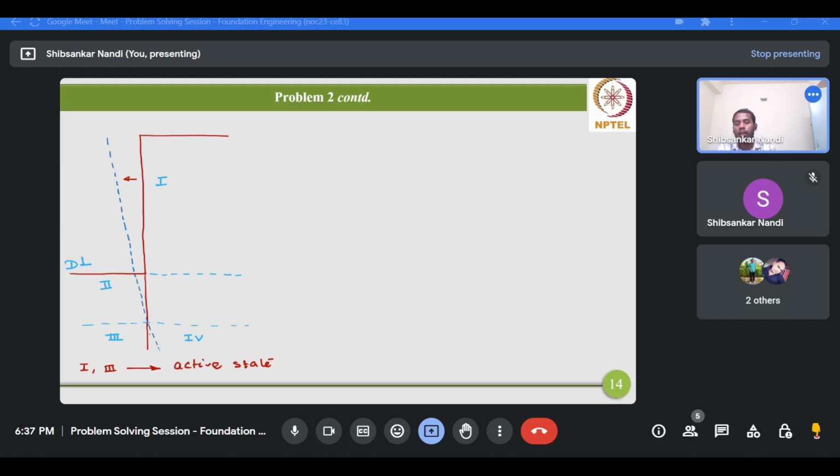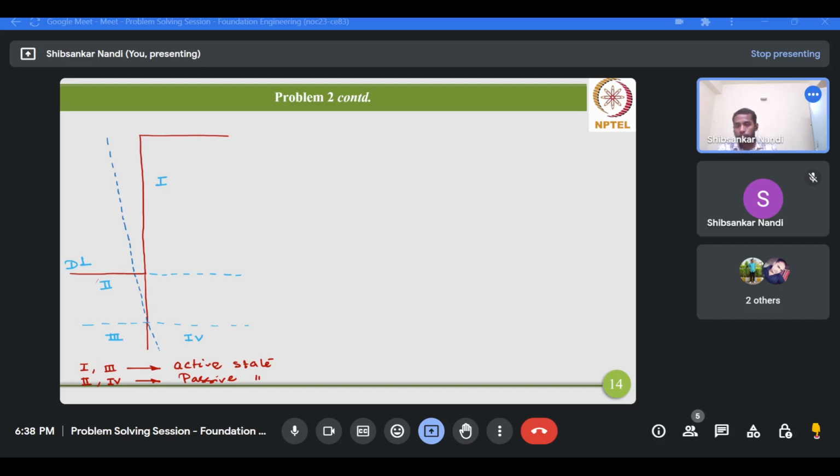And for part 2 and part 4, it will be under passive state, because the wall in these portions is moving towards the backfill. So in region 2 and region 4 it will be under passive state, whereas region 1 and region 3 will be under active state.